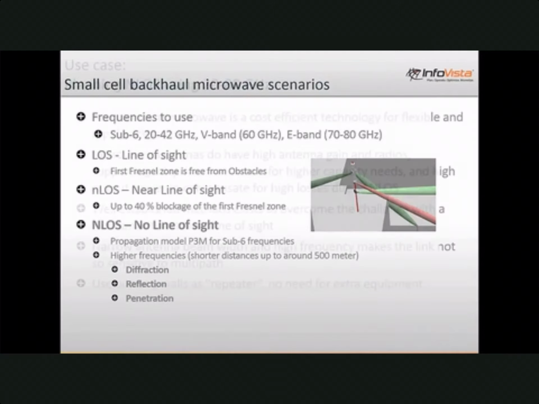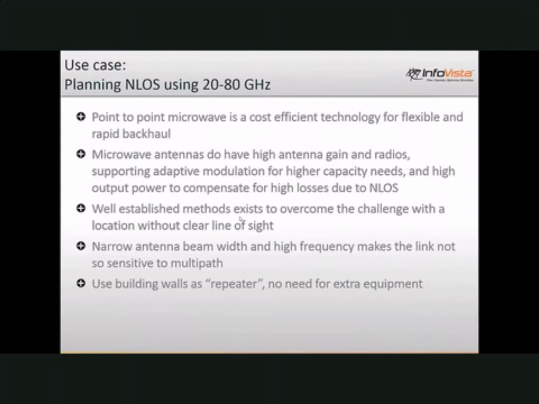So you have the well-established methods to overcome the challenge with the location without a clear line of sight. They are already in the tools or in your guidelines, so just use your present knowledge.